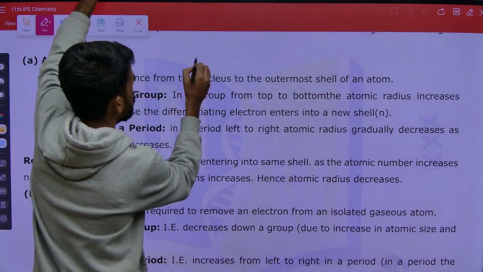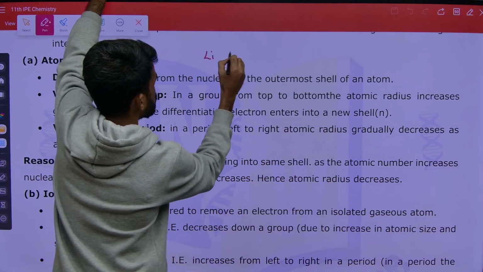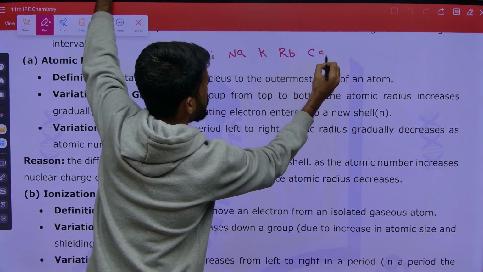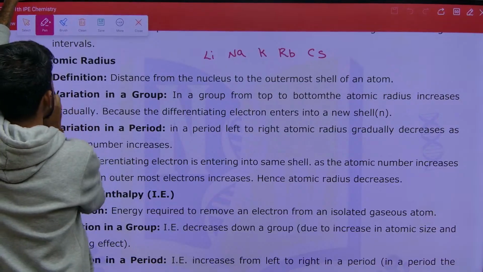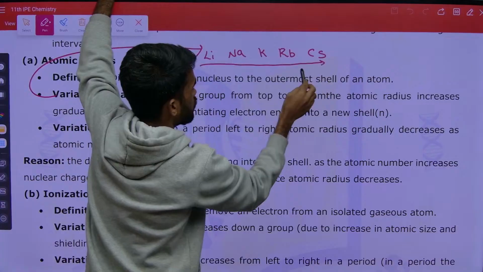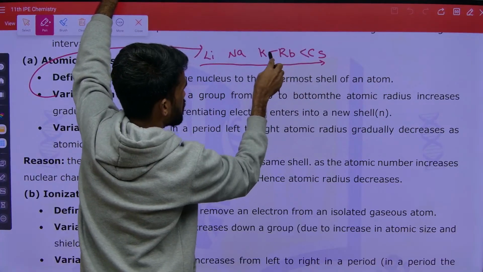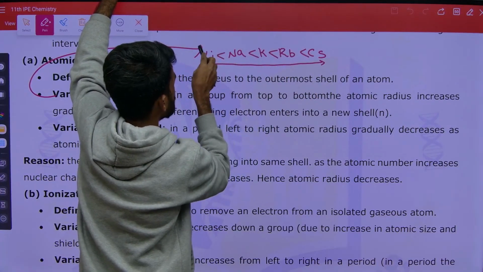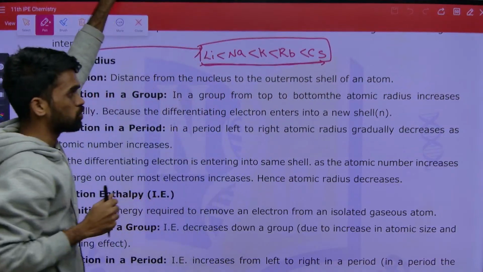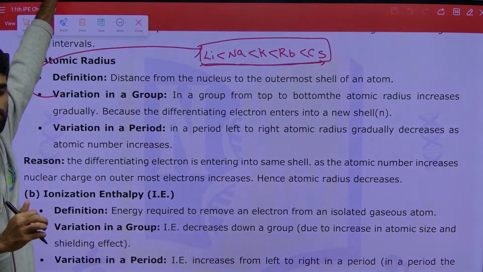Take lithium, sodium, potassium, rubidium and cesium. These are the elements present in the first group. So down the group, the biggest size is for cesium. If you mention one example like this, definitely he will be impressed, and the person who is correcting your paper will definitely give you the best marks.